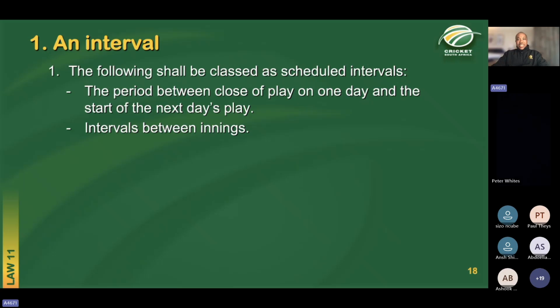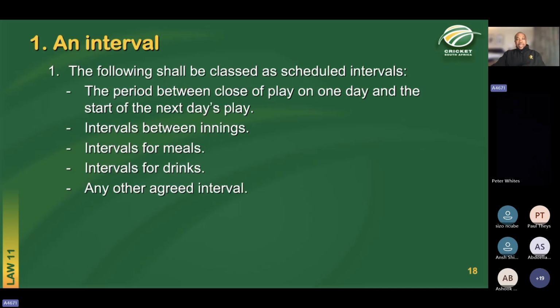That is when one side has finished batting and the next team needs to come in to bat. Intervals for meals and intervals for drinks. Then any other agreed interval will also be classified as a scheduled interval.